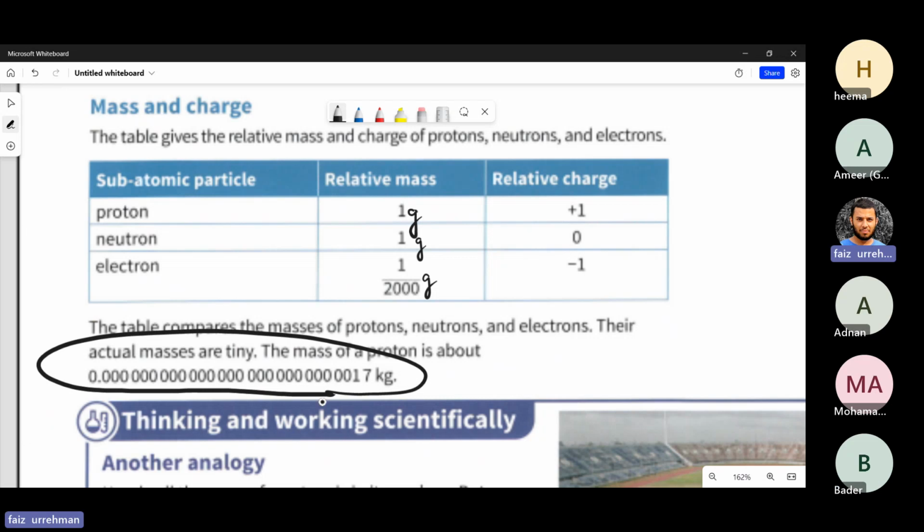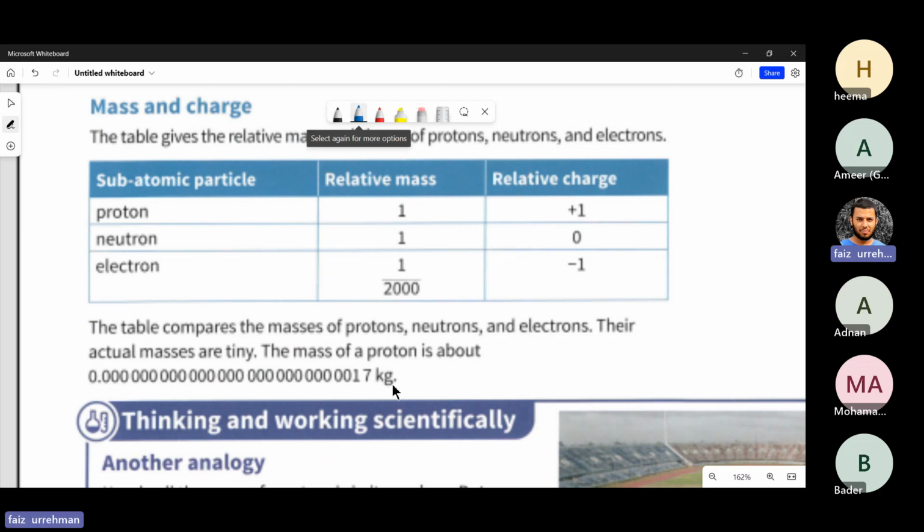Even the proton is so light, we can't even imagine it in our head. Can you write this number in standard form in mathematics? 1.7 multiplied by 10 to the power what? You didn't even count the zeros and you are telling me 52. That's not the point though. So what did we understand from here?